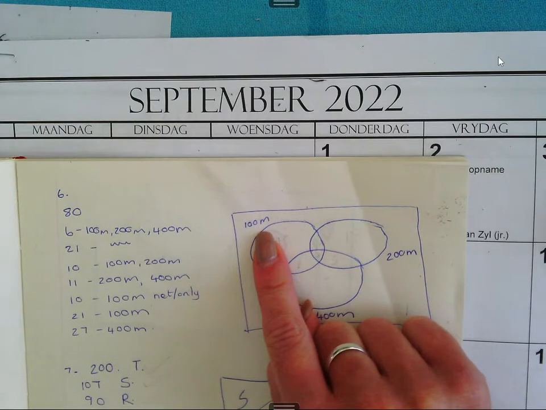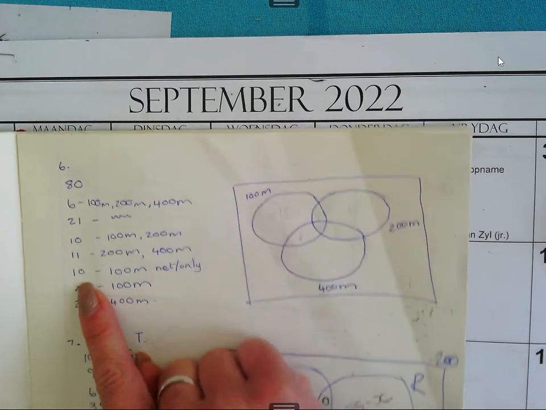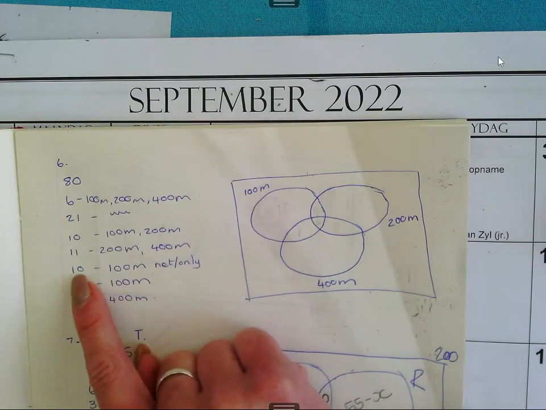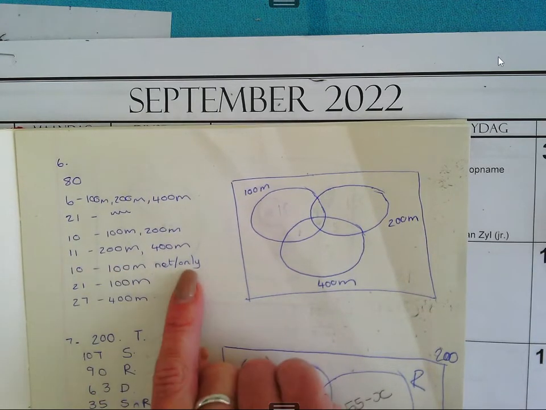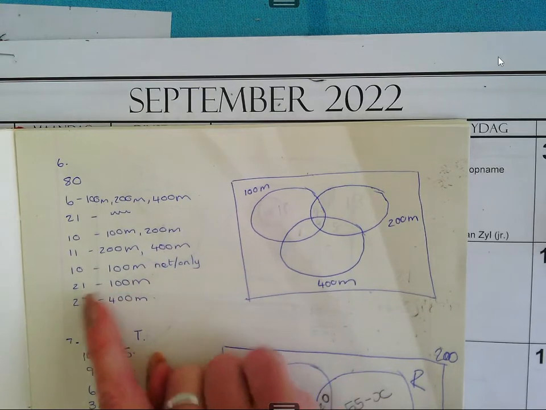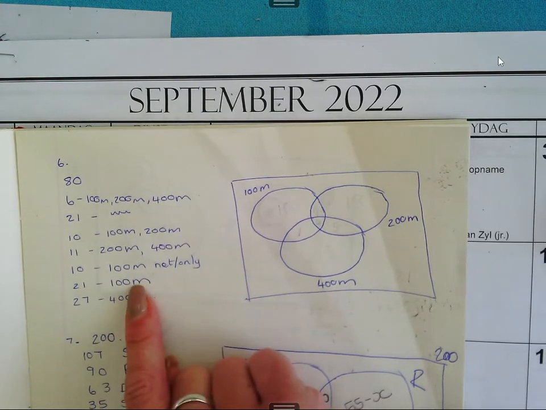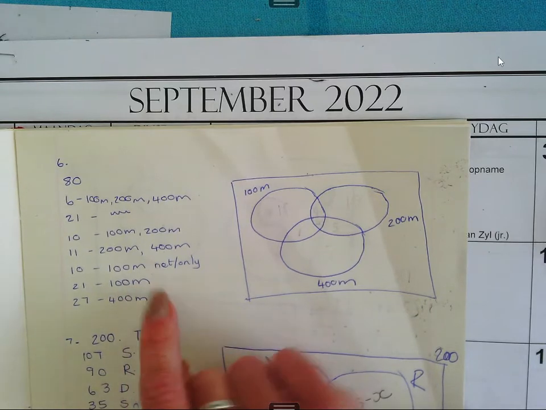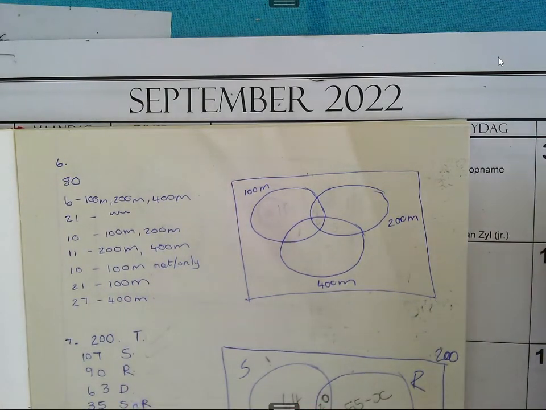Of the 21 that entered for the 100 meters, 10 entered for nothing else. So I wrote there in my summary, 10, 100 meter only. And then there's 21 in total for the 100 meter. And then the last part's easy, 27 entered for the 400 meter. There you go.